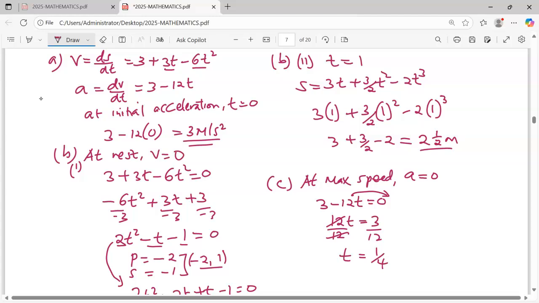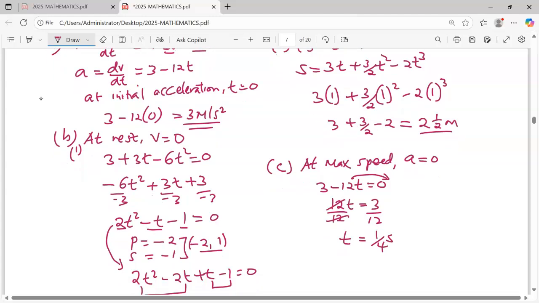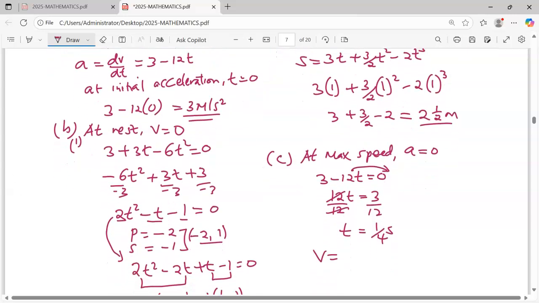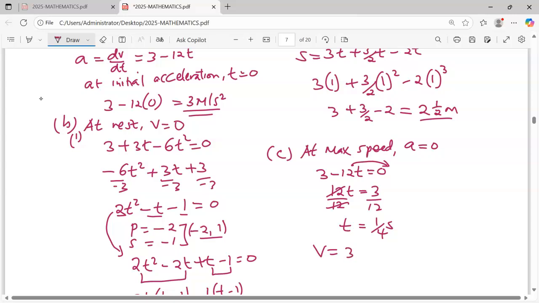Once we have gotten the value of t, we can get the maximum speed by replacing the value of t back into the velocity function. Remember, the velocity function is 3 + 3t - 6t^2, and the value of t is a quarter, so the velocity is 3 + 3 times a quarter, minus 6 times a quarter squared.